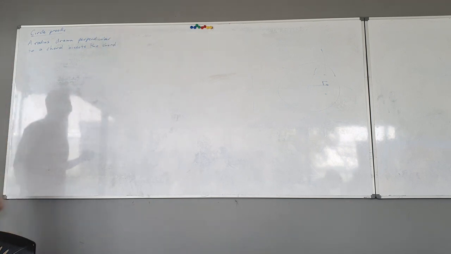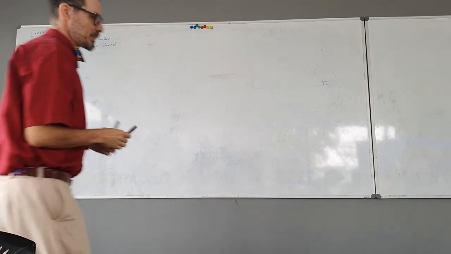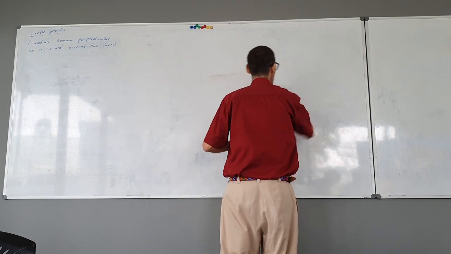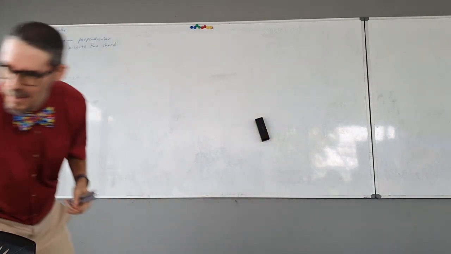Oh, maybe we should start with some words for parts of circles. Let's make sure you all know the right words, shall we? That might actually be useful. Let me do that.